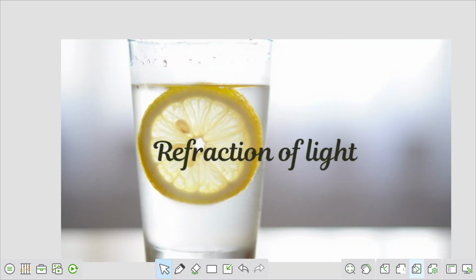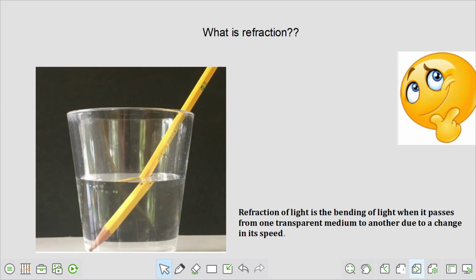Refraction of light. Let's understand what refraction is and what causes it. First, we are going to see what refraction is. In this diagram, you can see a glass filled with water and a pencil immersed in it.